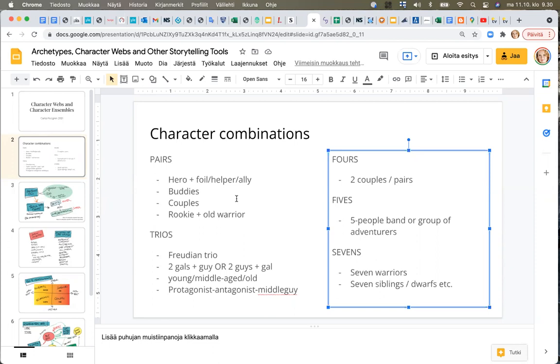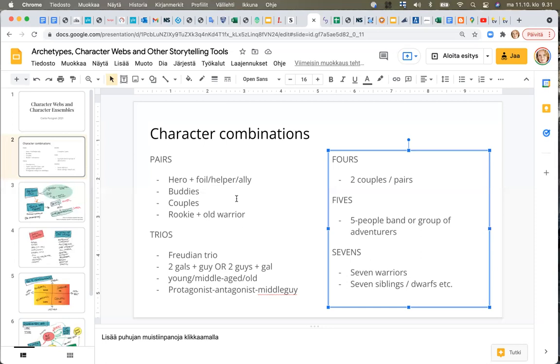Or you have many cop shows or detective shows where you have two detectives, two policemen who are typically working as a pair, because that's how police work often works. So they are a pair because of work, so work buddies in that sense.